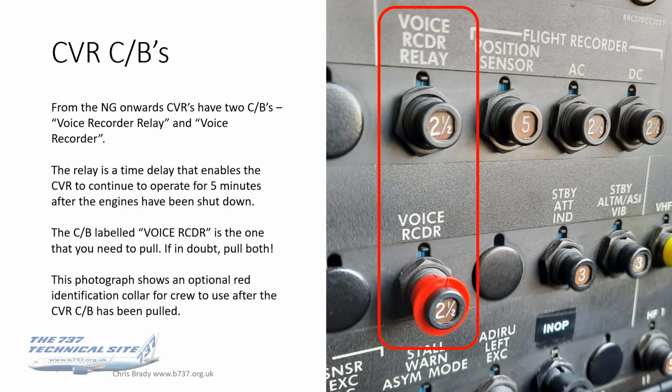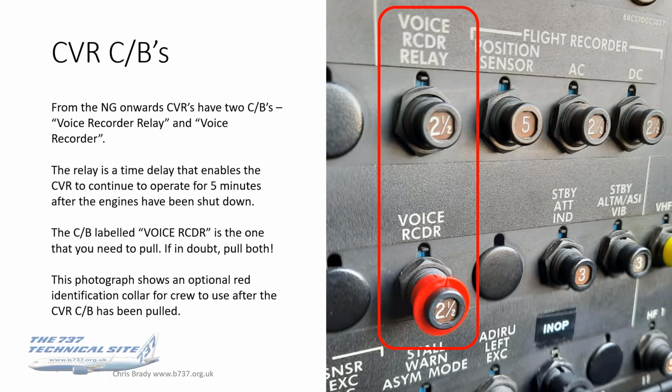Now, what I say is, if you don't remember this, and really you could be very well forgiven for not remembering this in the heat of the moment, if in doubt, just pull them both. You're going to do no harm at all by pulling both circuit breakers. But as this is a technical presentation, if you like, I'm telling you that the only one you need to pull is the voice recorder one.